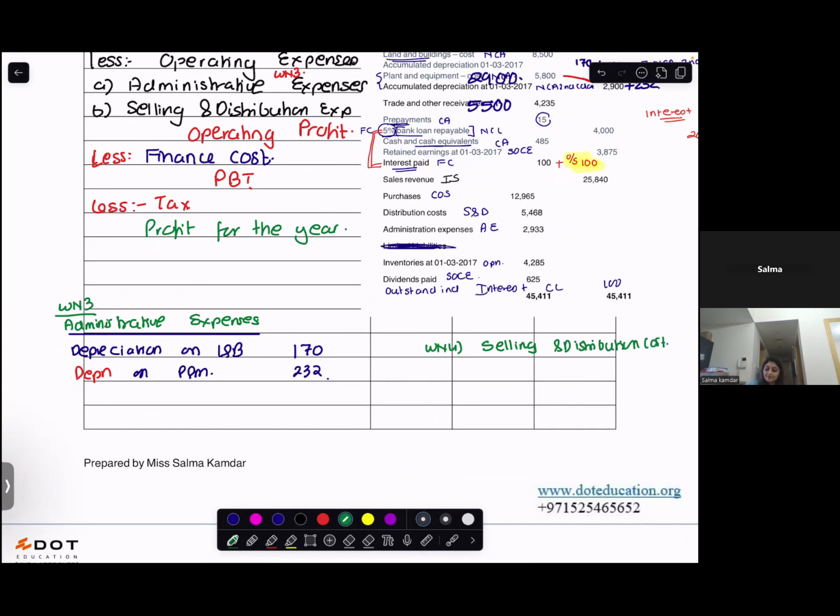How much is my administrative expenses, the one that is given to me in my trial balance? 2,933. Are you with me? And selling and distribution is given to me how much? 5,468 in the trial balance.